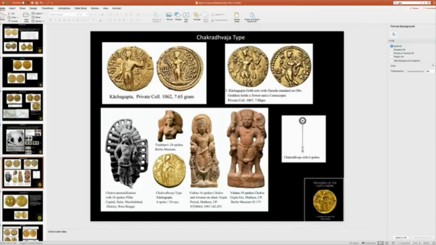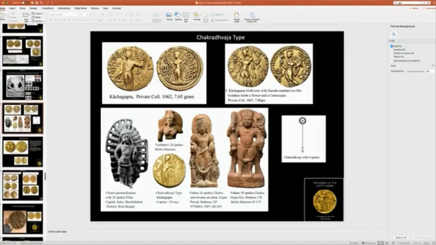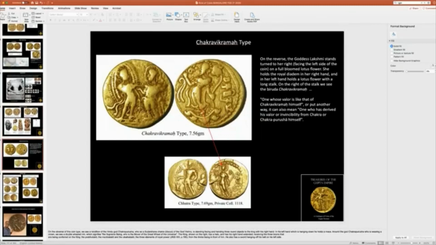In the back we have a goddess holding a flower, but here it's a better personification of that goddess, showing her as possibly Lakshmi holding a lotus flower. All right. And this has been covered in detail on one of the prior talks, so I'll move on to the next type, which is the Chakra Vikrama type.